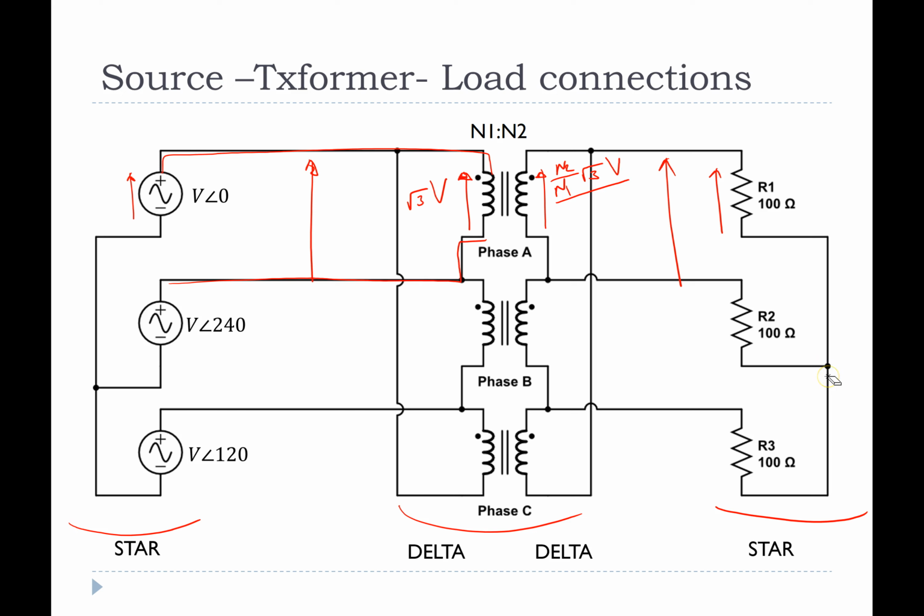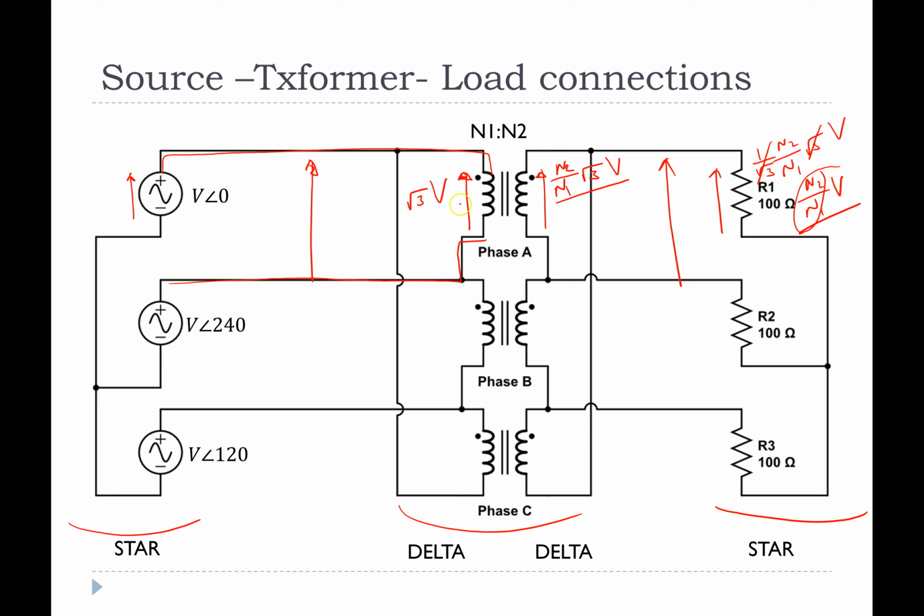So what I get here is the phase voltage, and we know the phase voltage for a star configuration is 1 over √3 multiplied by the line-to-line voltage, which is N2 on N1 by √3V. So I get N2 on N1 V. It just happens to work out to the transformation ratio, the turns ratio of the transformer. But this is the way we have to do it.